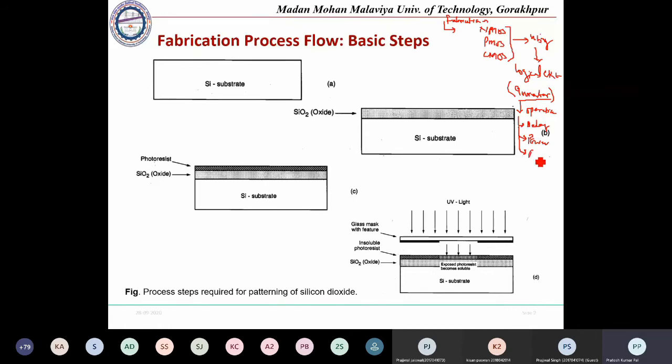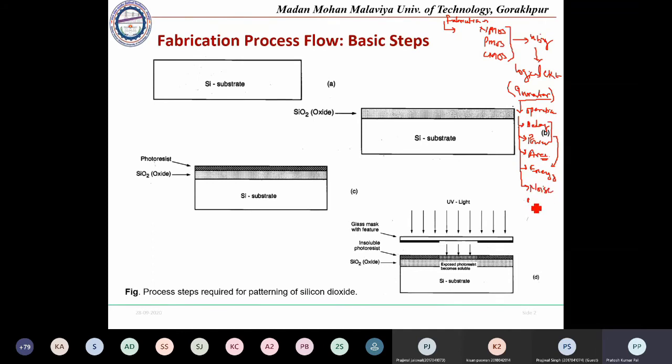These are the different parameters that are used to characterize a VLSI circuit. The combination of these two is also called energy. There are different parameters we will be analyzing, and one of the important parameters is what we call noise margin.